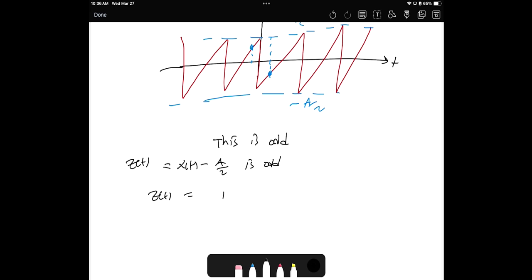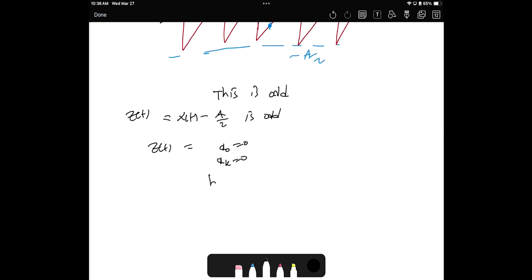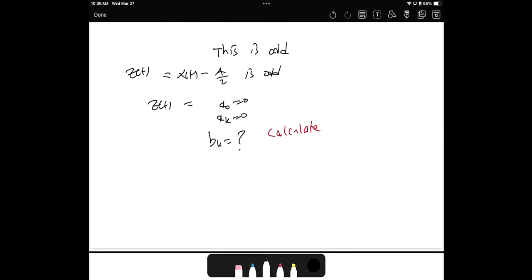Then for z of t, since it's odd, a naught will be 0, ak will be 0, then the only thing you need to do is calculate bk, right? So you can calculate it. After doing the calculation, you can remodel this: since z of t equals x of t minus a over 2, then x of t will be z of t plus a over 2.